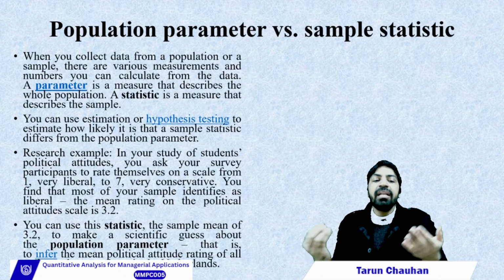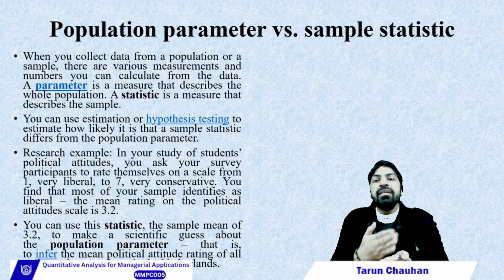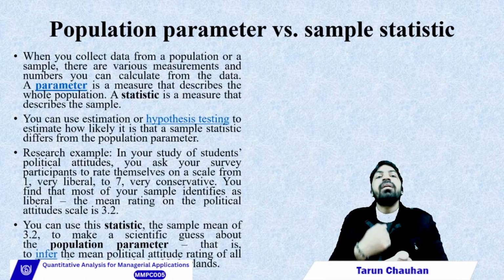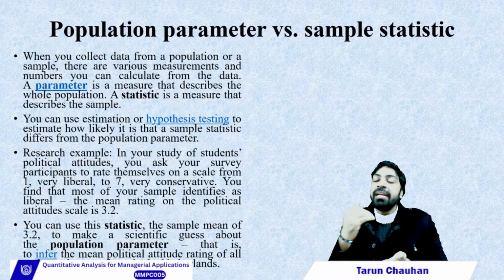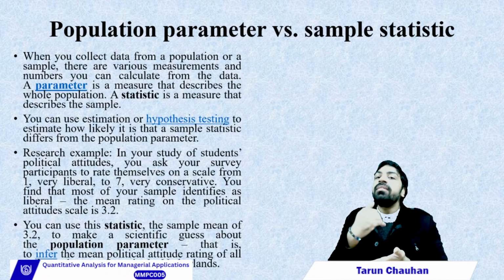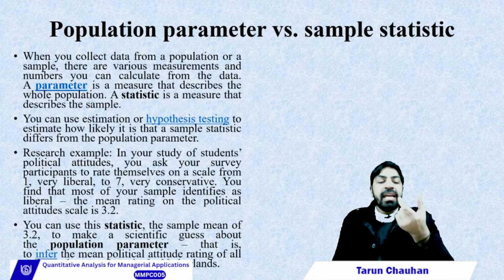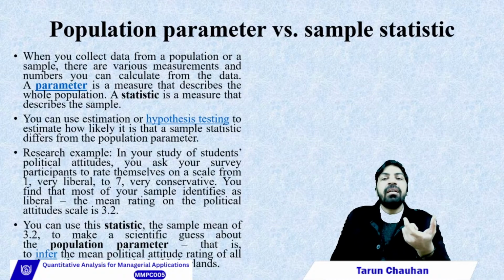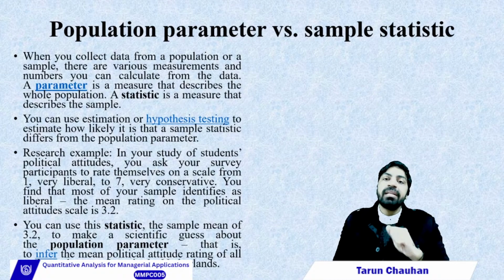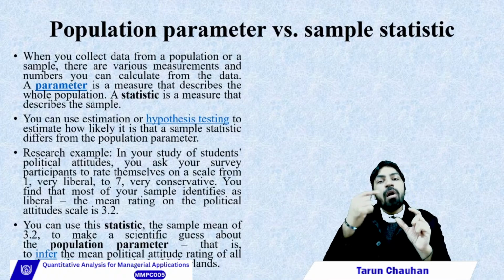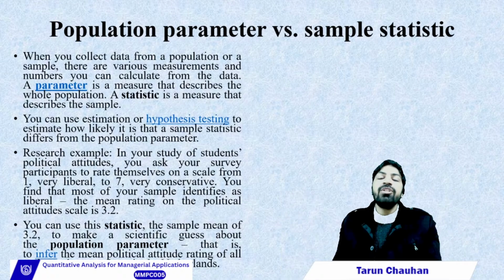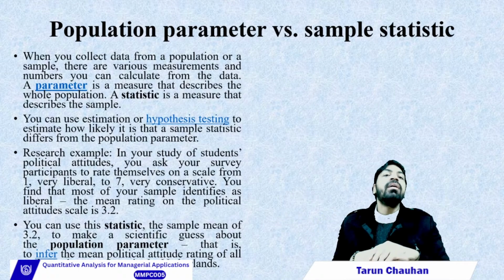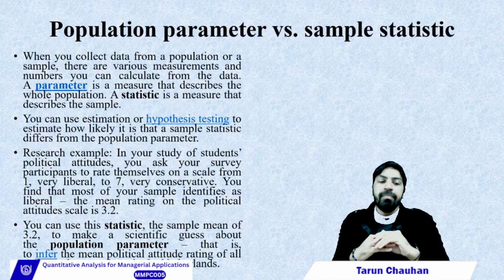So the population parameter describes something about the whole population, and it is always based on the sample statistics. If the mean or average of the sample is estimated, that mean portrays something about the whole population, and that becomes the population parameter.